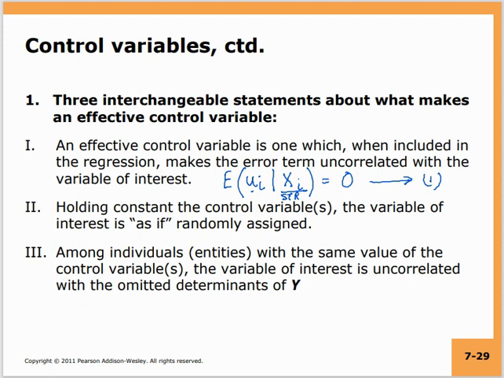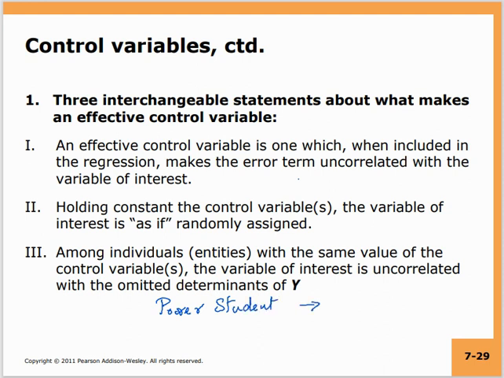Even though they may not be completely randomly assigned, if you include those variables, it is as if they are randomly assigned among individuals with the same value of the control variable. So for poorer students, taking into account that they come from poorer families, what effect does STR have? And amongst richer students, taking into account that they come from richer families, what effect does STR have?